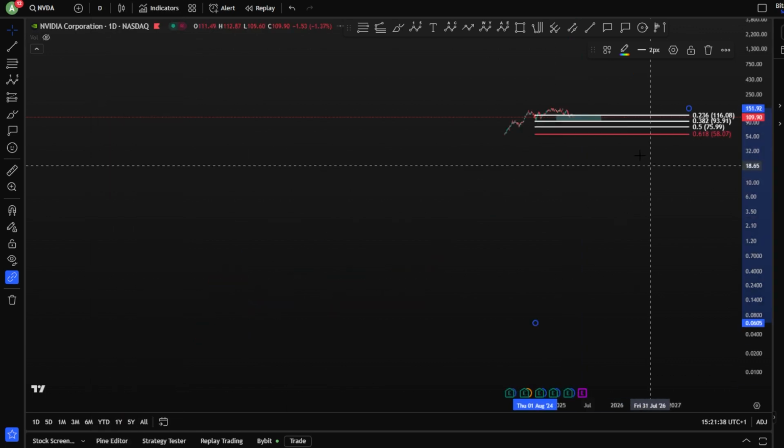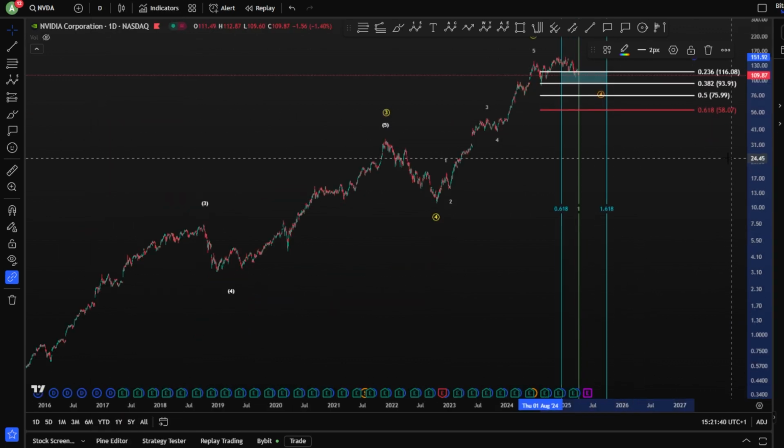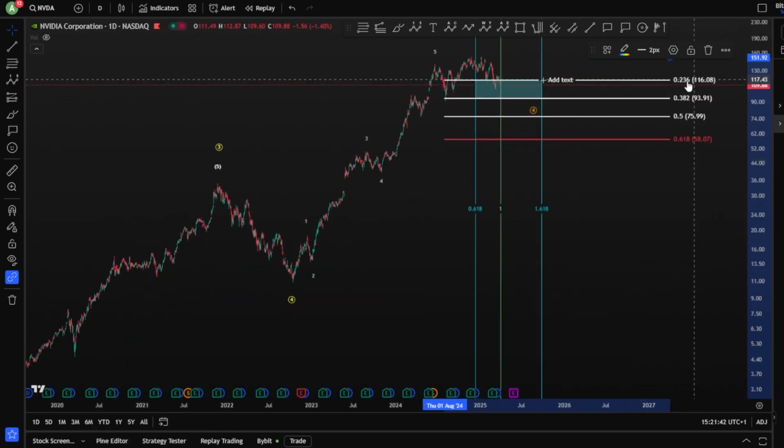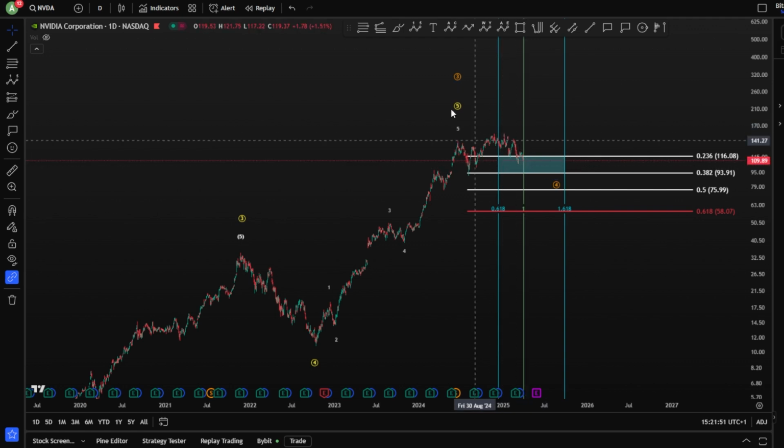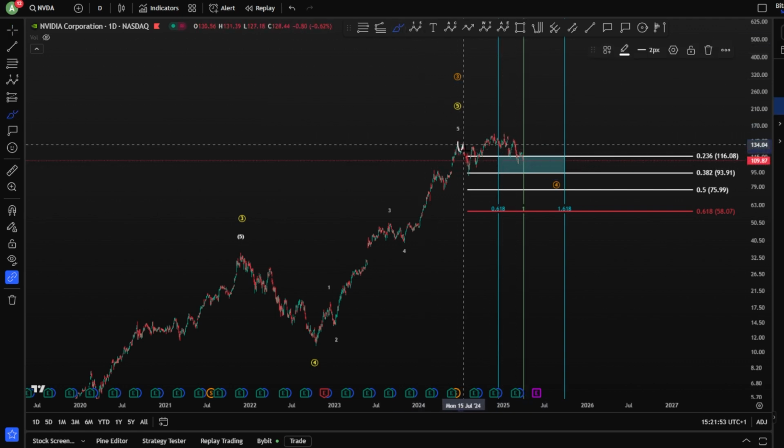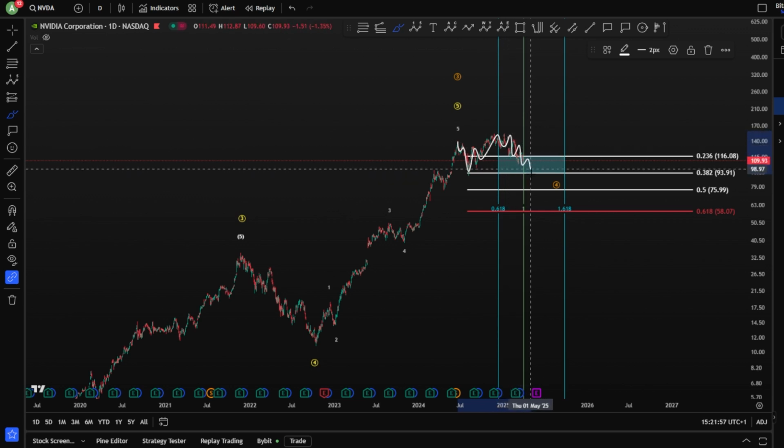If we dive a little bit deeper inside it, we can see the blue box has been already hit between the 0.23, 0.38. Now, basically, if we are looking for an ABC here as an expanding flat, because definitely you have 3 waves down, 3 waves up, you're looking here for something unfolding.